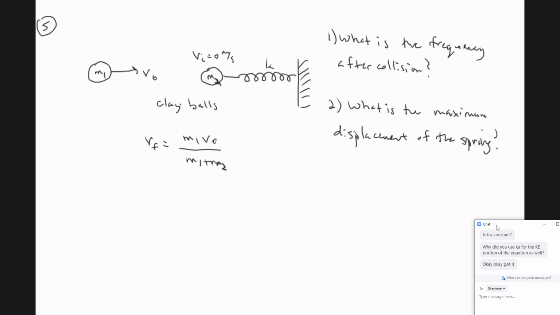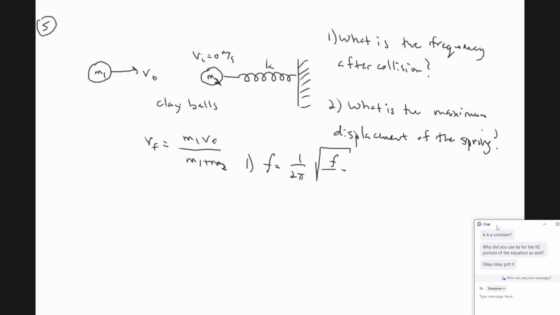Okay, I think that's enough time. So let's take a look at what is the frequency after collision. So what's the equation for frequency that we just learned today? One over 2 pi square root of what? Spring constant over the mass, right? And so what's the mass?